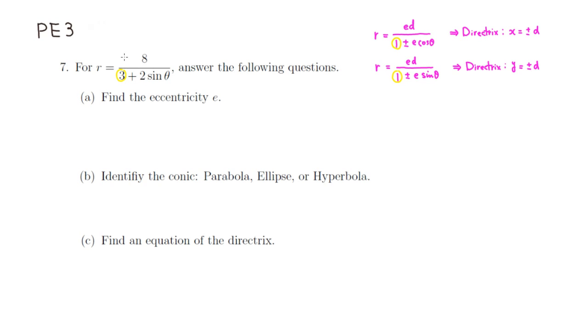So what we can do is divide the top and bottom by 3. I'm going to multiply the numerator by 1/3 and multiply the denominator by 1/3.